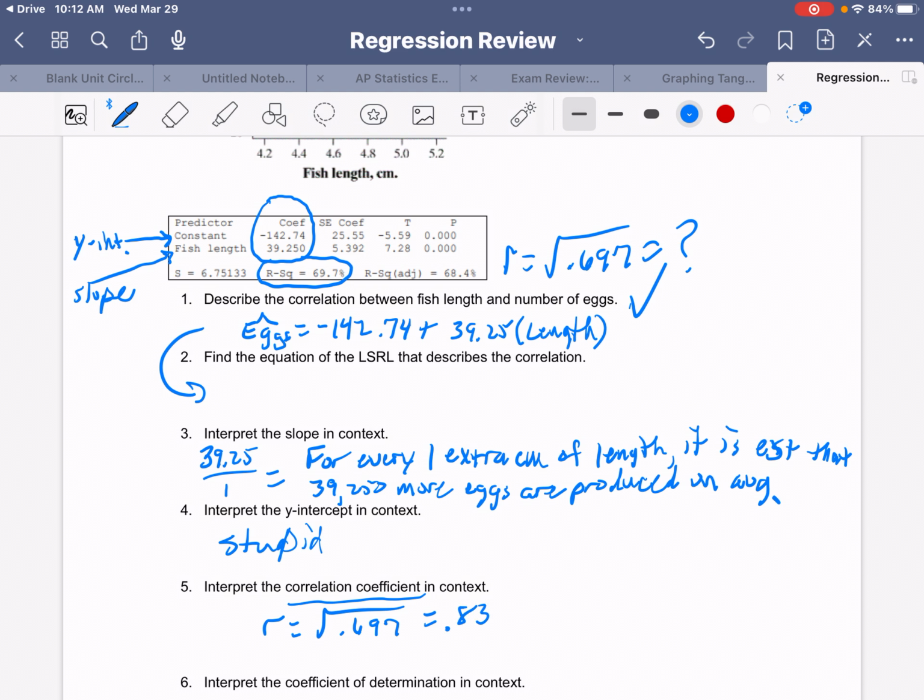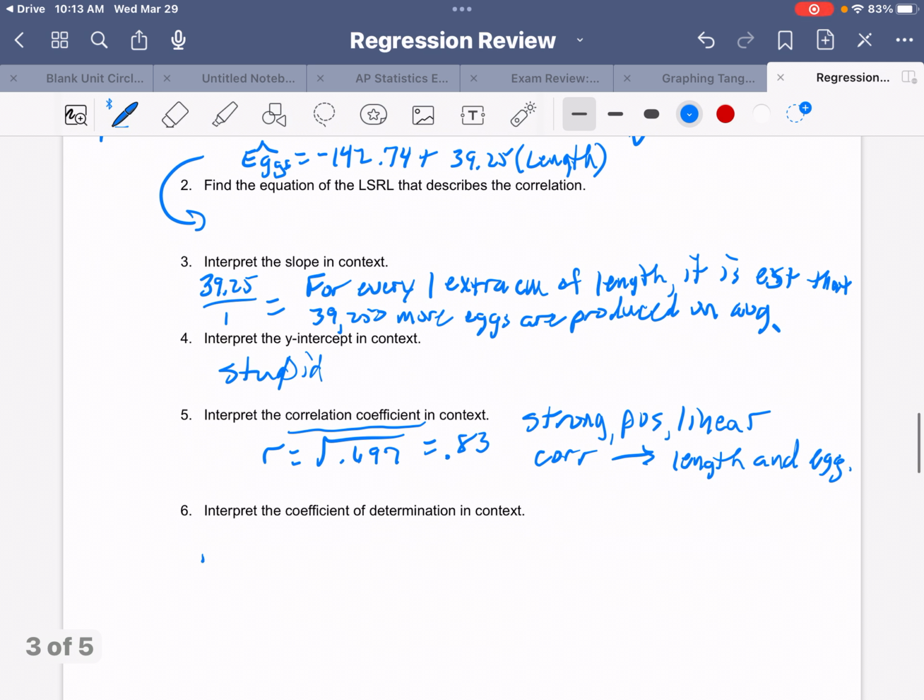So would you say that there's a strong positive linear correlation between length and number of eggs produced? Be contextual, write complete sentences.